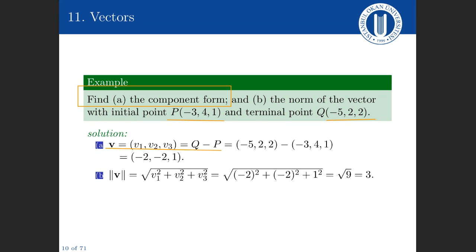What we do is we calculate the terminal point minus the initial point. We calculate q minus p: (minus 5, 2, 2) minus (minus 3, 4, 1). For the first numbers, minus 5 minus minus 3 is minus 5 plus 3, or minus 2. In the second position, 2 minus 4 gives minus 2, and in the third position, 2 minus 1 gives 1.